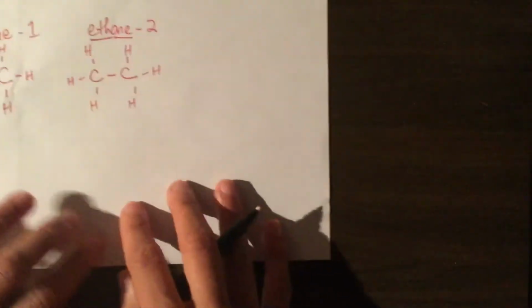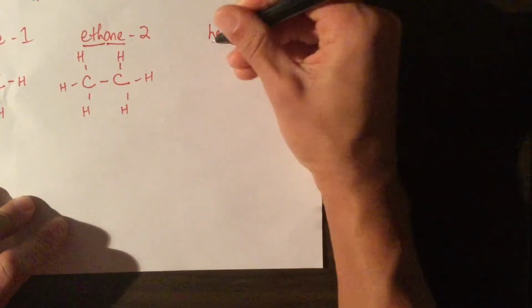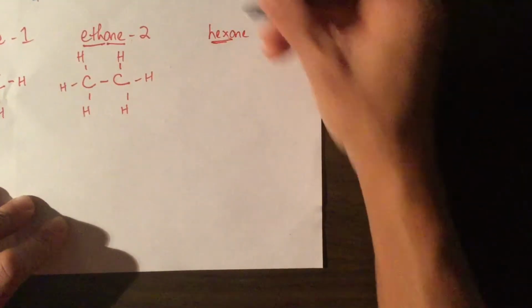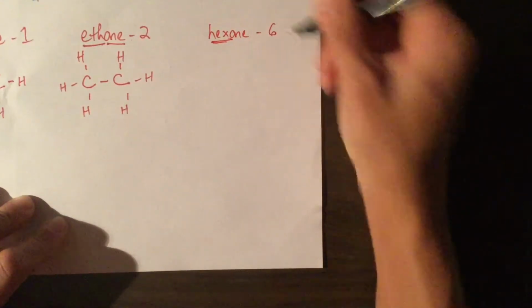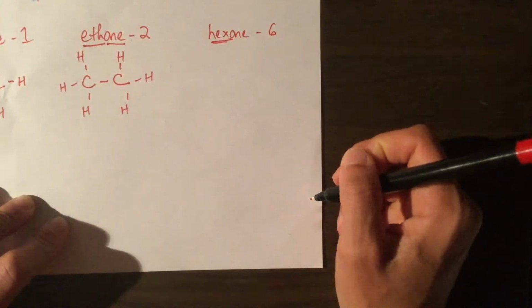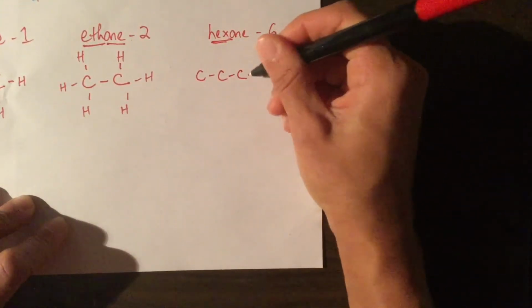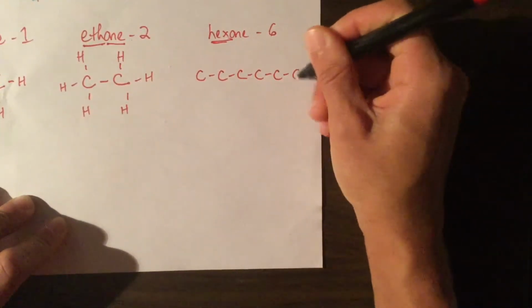Let's try something that's a little bit longer than that. Let's try hexane. Because it's hex, I know that's going to be 6 carbons. And again, that ane is telling me that everything is going to be in single bonds. So I'm going to put in 6 carbons connected by single bonds.